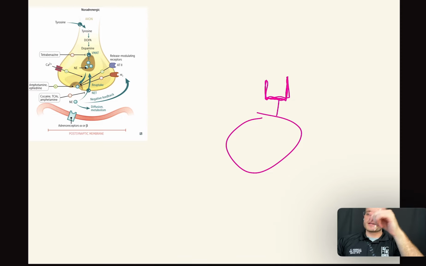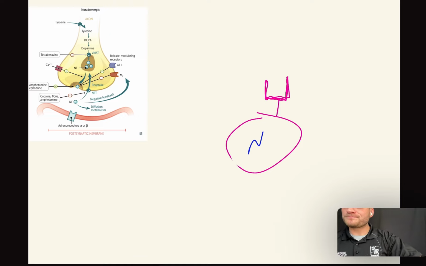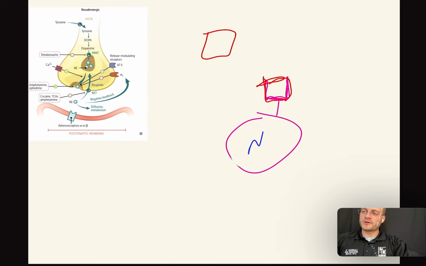We'll just say that this is a neuron for pain. Okay. So let's just say that this is the receptor to this, right? And so what happens is when something in the blood comes up to this receptor and binds to this receptor, and it binds it perfectly, they're the same size, they're the same shape, they're the same match, they shake hands.